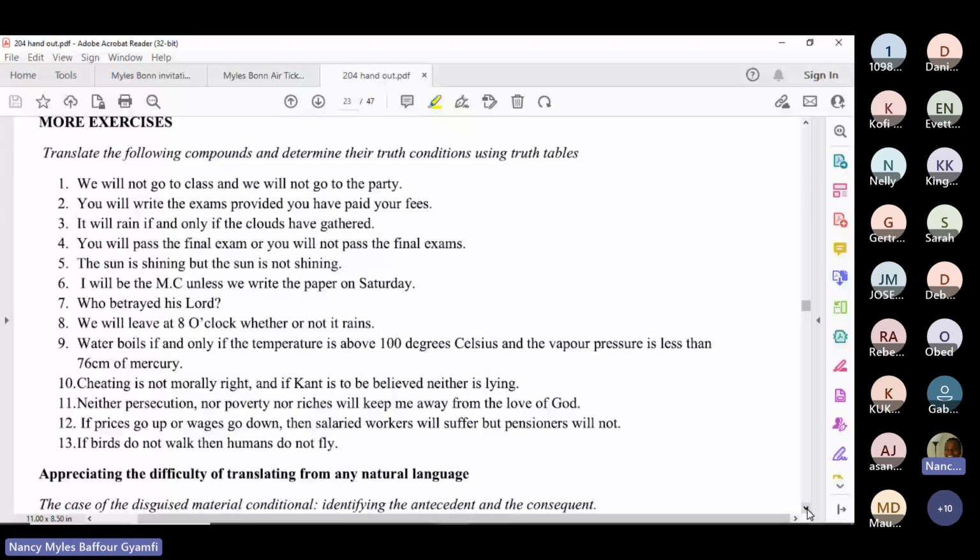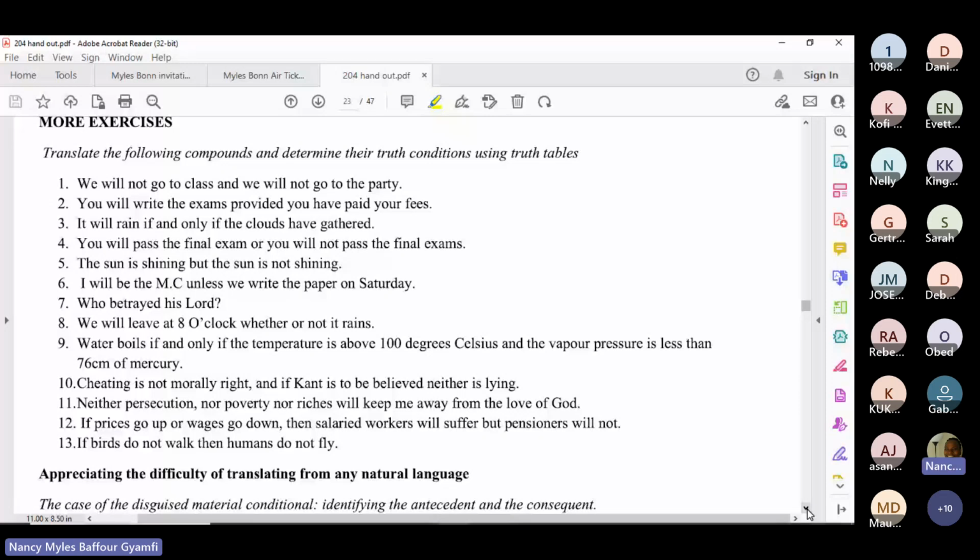That's a contradiction. What about if I say we will not go to class and we will not go to the party? How will you symbolize that? We are not going to the class and we are not going to the party. How will you symbolize that?